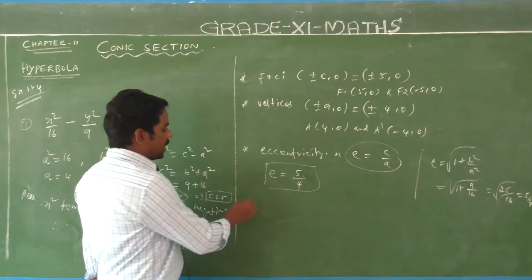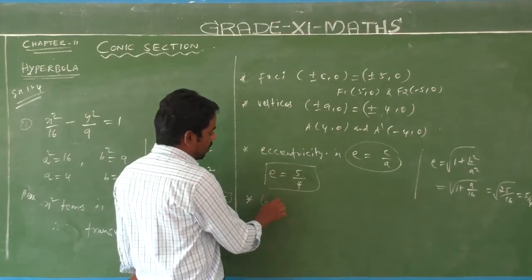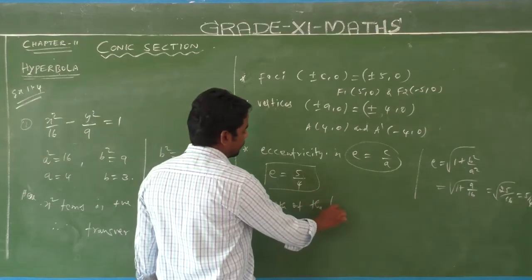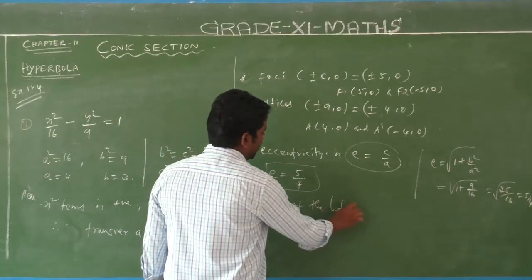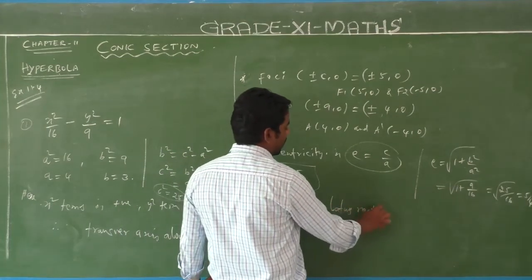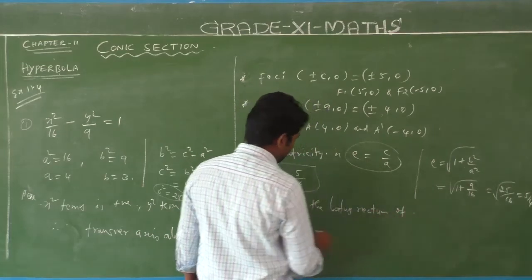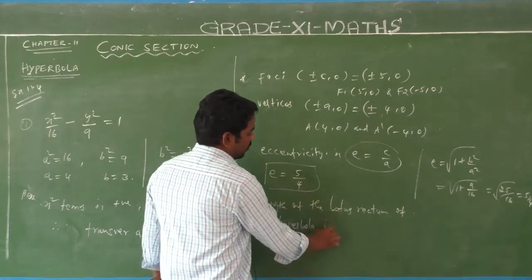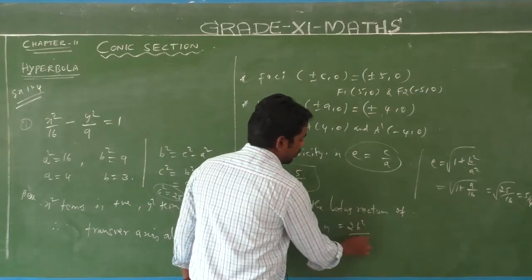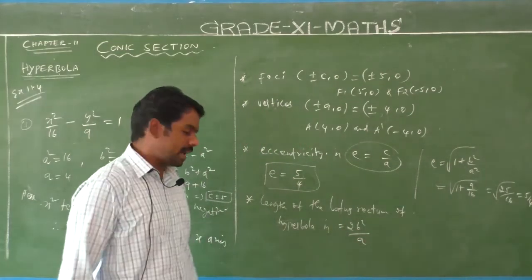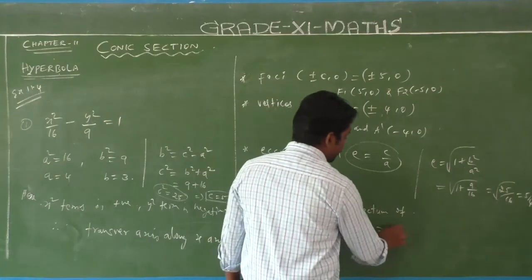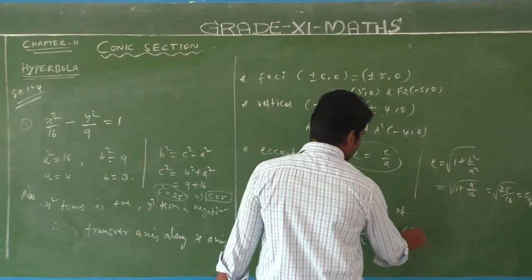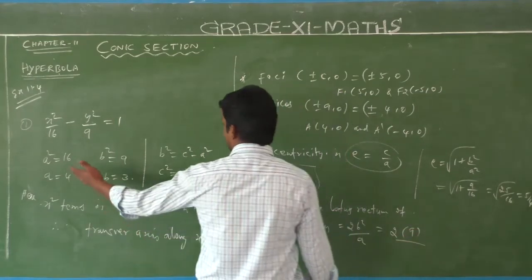Last one, length of latus rectum. The length of the latus rectum of the given hyperbola is 2b squared by a. Formula: 2 into b squared by a. Here b squared is 9 divided by a, which is 4.